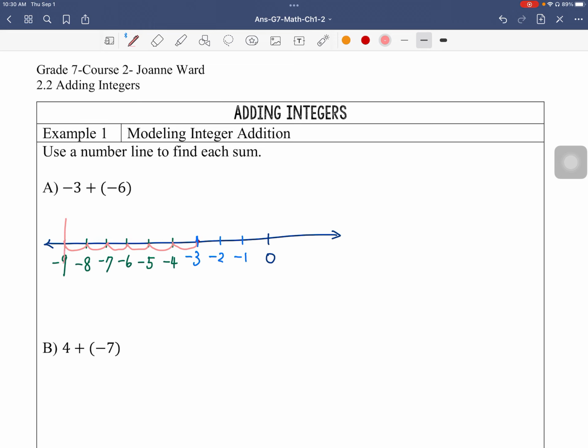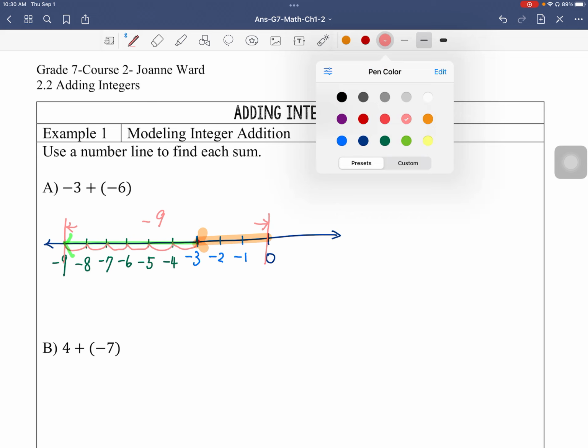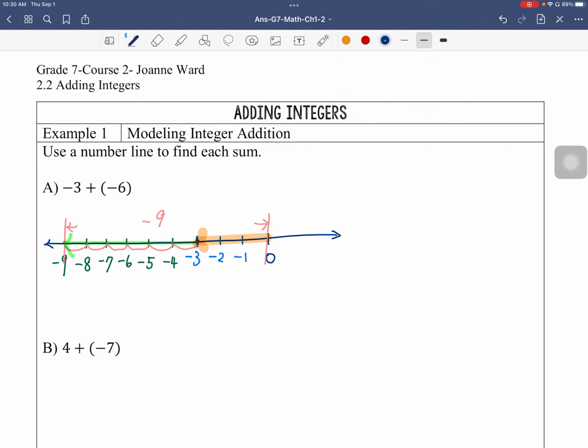So the total here is negative 9 by looking at the number on the number line. You go here and you go all the way here. So the sum on the number line is negative 9.